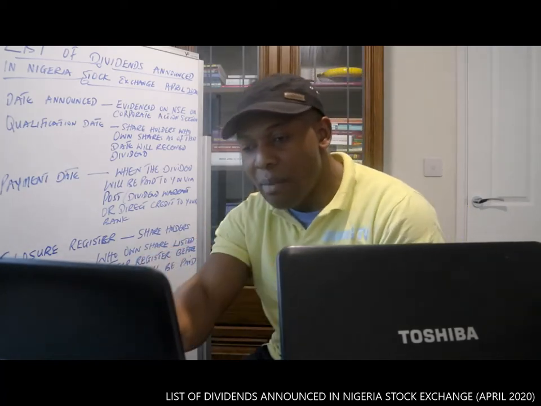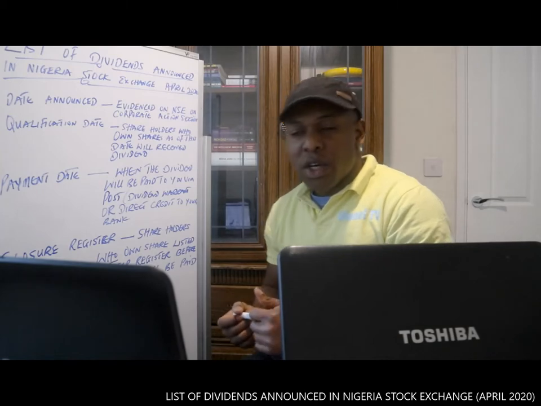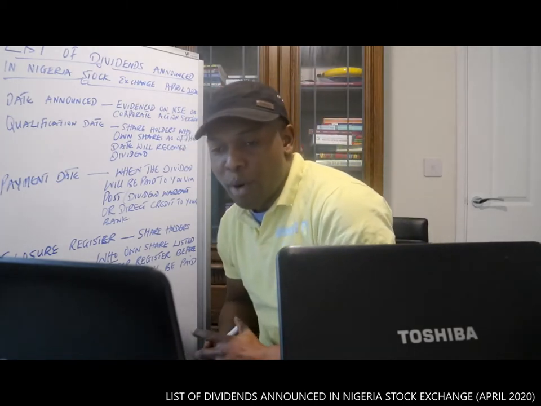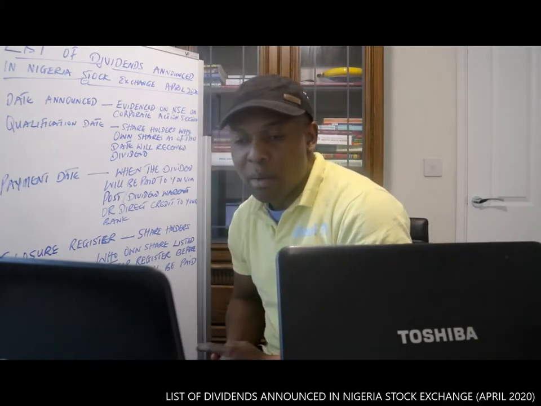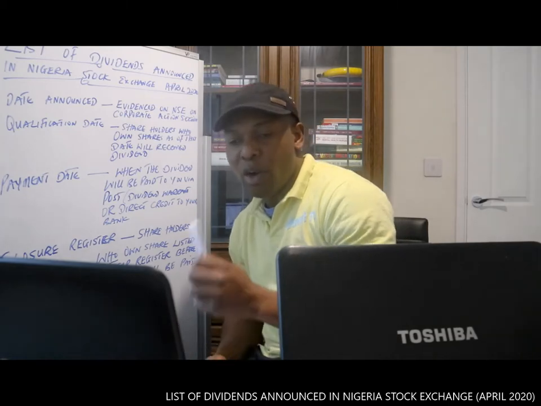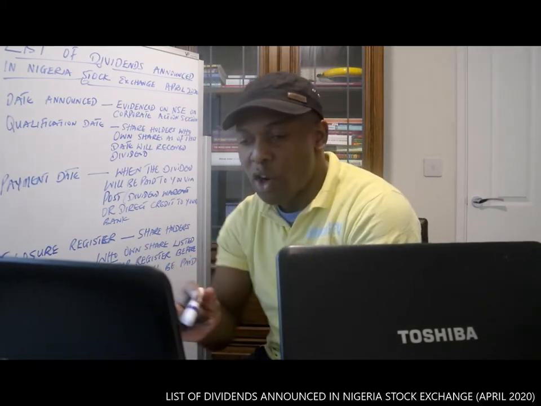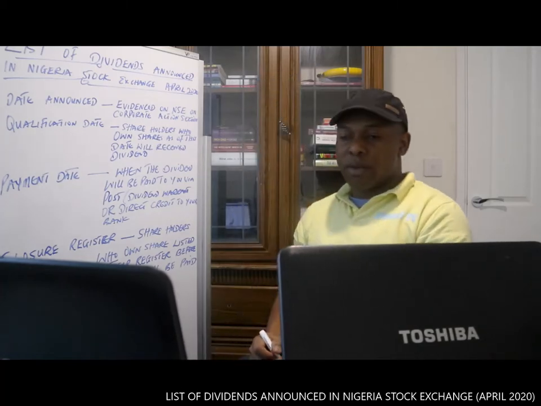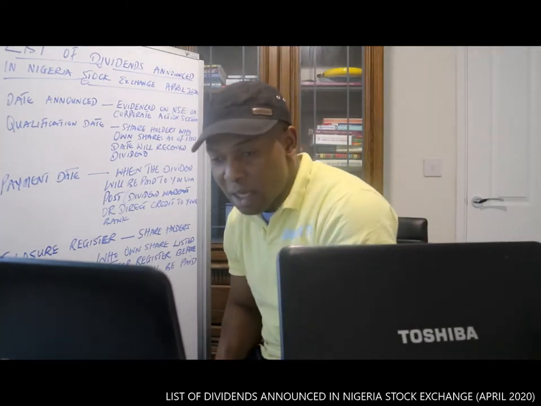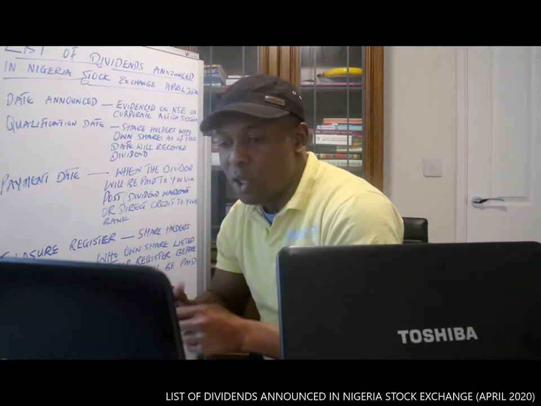The same thing with Sterling Bank, declared 0.0 kobo. BOC Bulk Gas declared 30 kobo. Fidelity Bank declared 20 kobo on 23rd March.